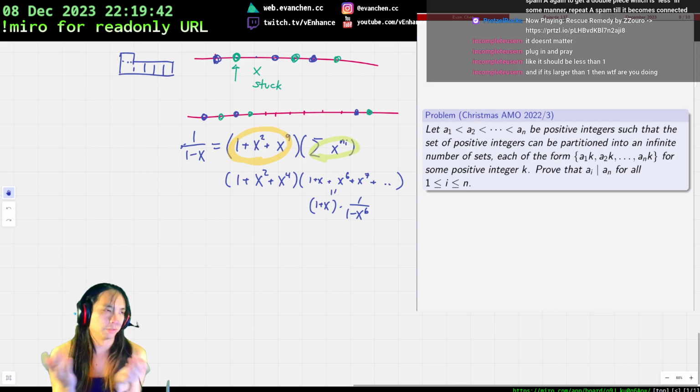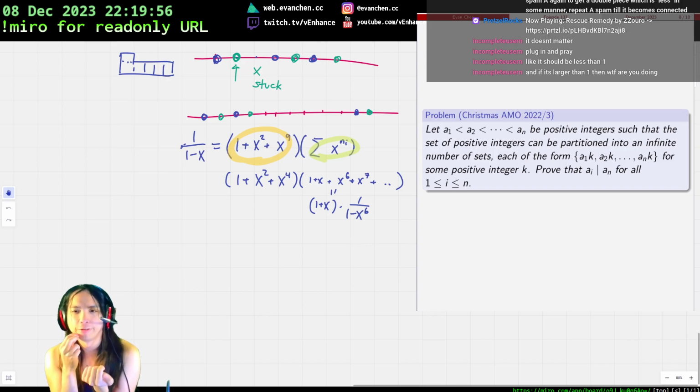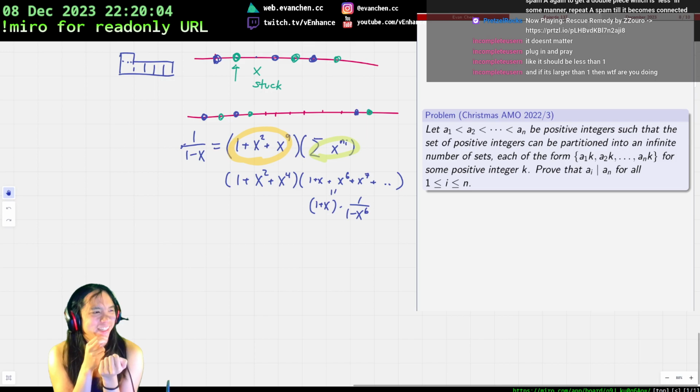TLDR. In the one-dimensional case, what this is telling me is that every root of my polynomial has to be on the unit circle. I think.